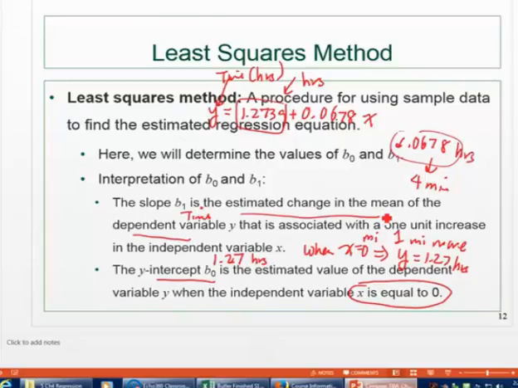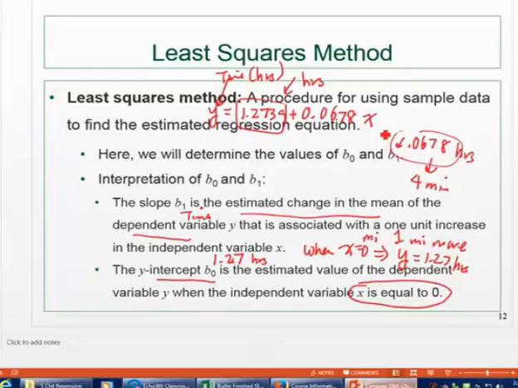There is a component, 0.0678 times x, which is multiplied by the number of miles. So you could think of this part as the driving time on the road, because it is proportional to the number of miles. But sometimes you have to stop and make a delivery, or go use the restroom or whatever. So there are these other times that are not related to the number of miles. So maybe that part belongs to the intercept.